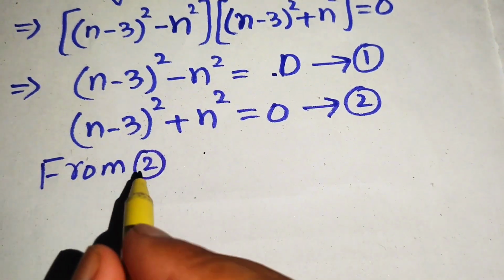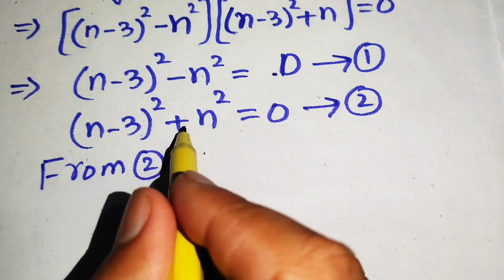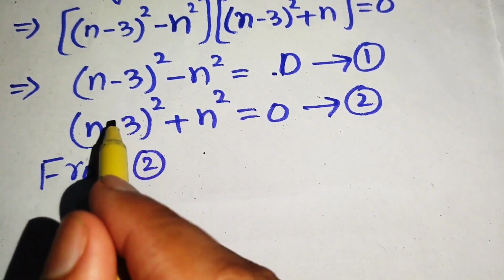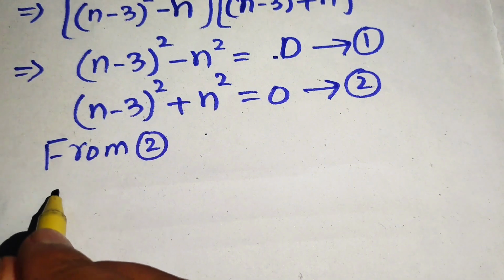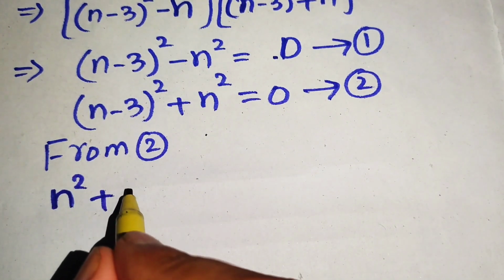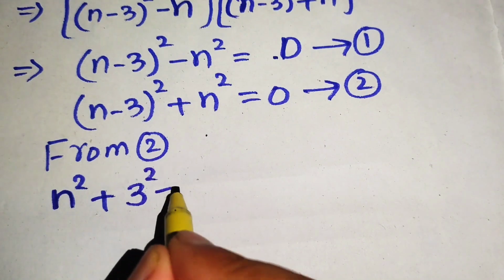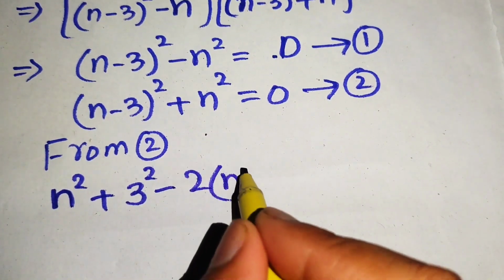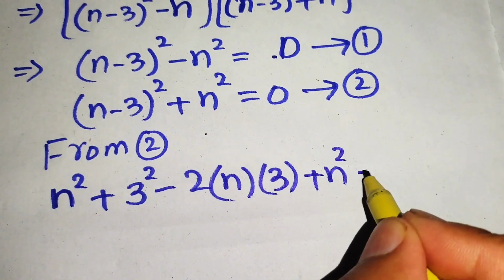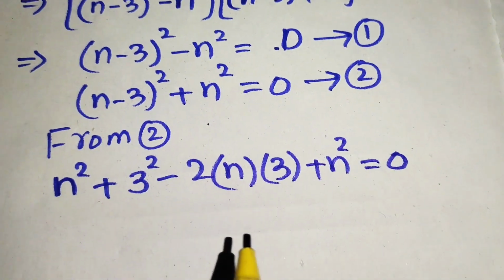From 2 we have (n − 3)^2 + n^2 = 0. We first open the square of this term using a^2 + b^2 − 2ab, and plus n^2 equals 0.